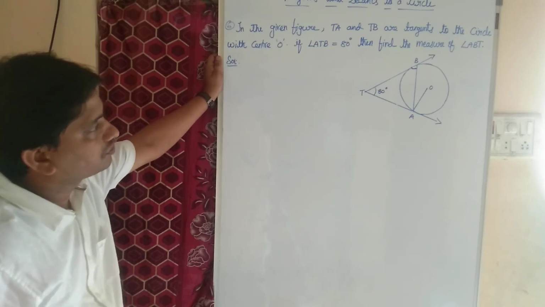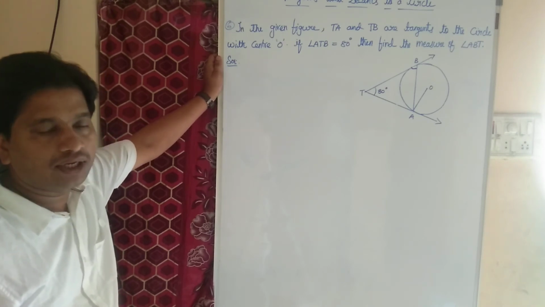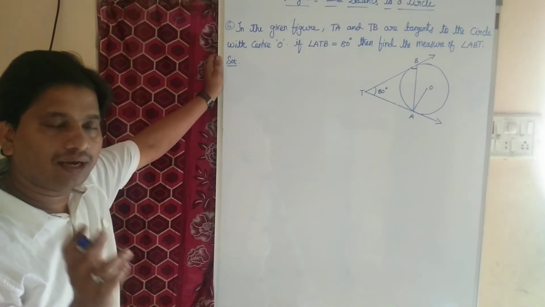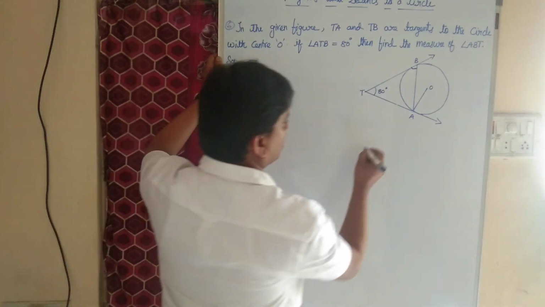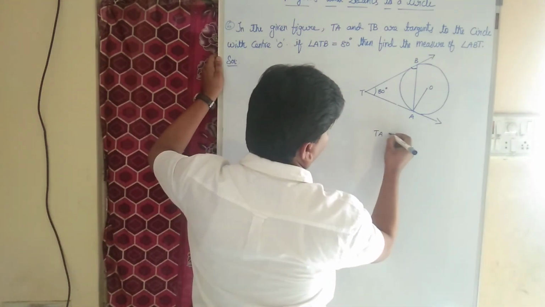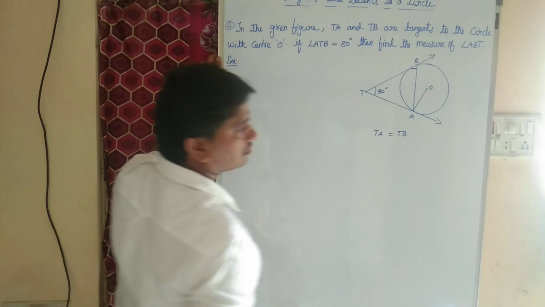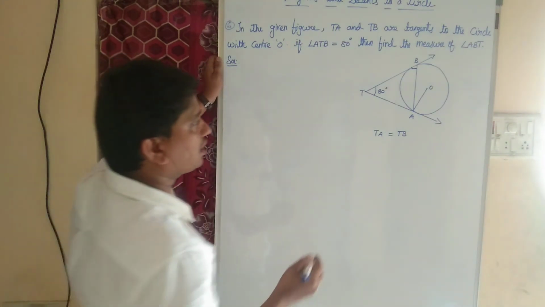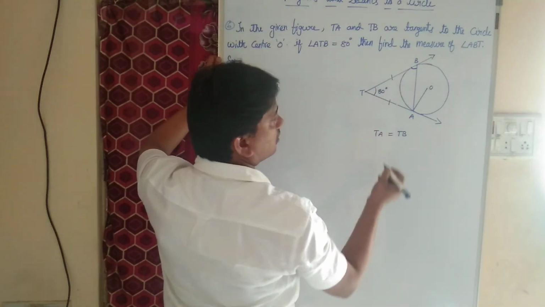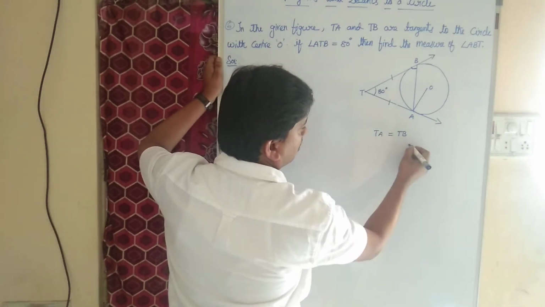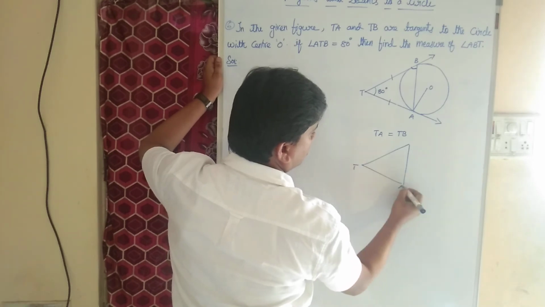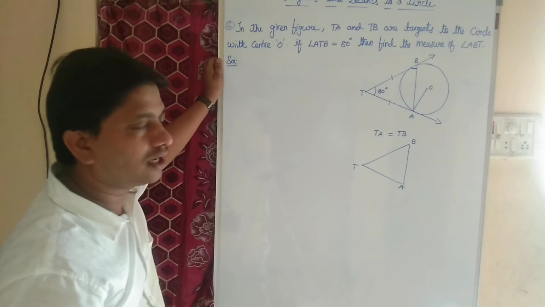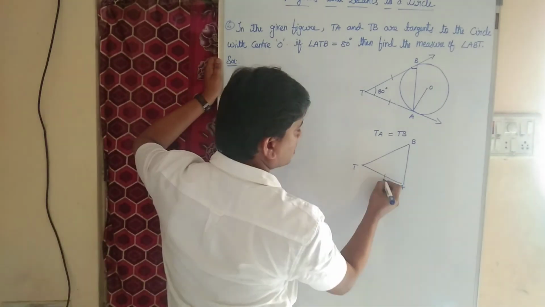So children, we know that the lengths of the tangents drawn from an external point to a circle are equal. So T is an external point, TA equals TB. These two sides are equal. If we consider TAB as a triangle, these two sides are equal.